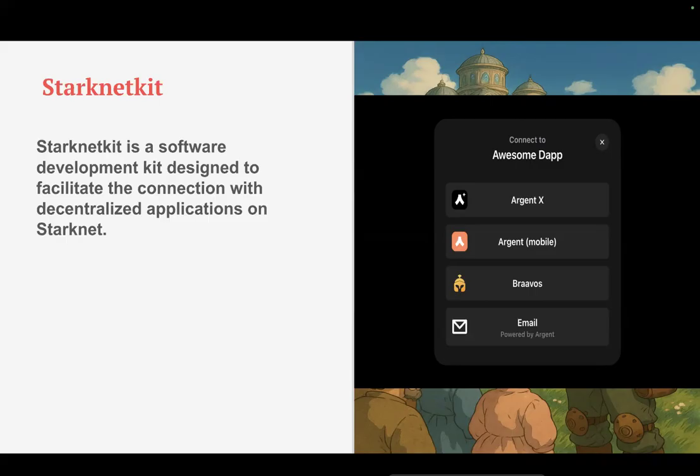So instead of you having to set up a lot of things before you can interact with the network and read and write from it, they just abstracted all those things using starknetKit to be much easier. But in the end, all of them are doing the same thing.